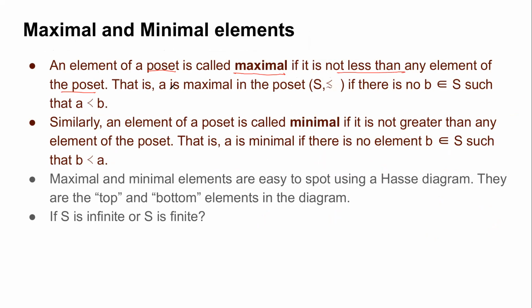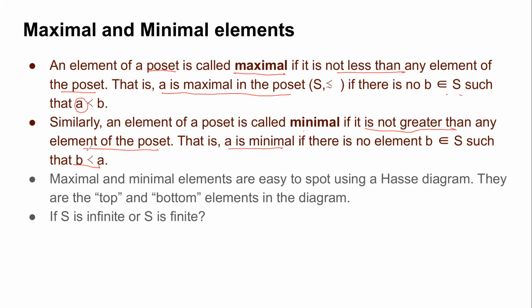That is, A is said to be a maximal element if there is no B such that A precedes B. Any element which does not have any element above it under the given relation is known as a maximal element. Similarly, a minimal element is one that is not greater than any element of the poset. That is, the lowest possible element in your poset is known as your minimal element. There is no element below it.